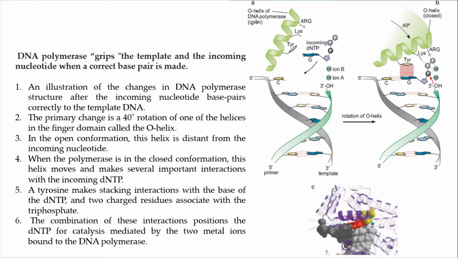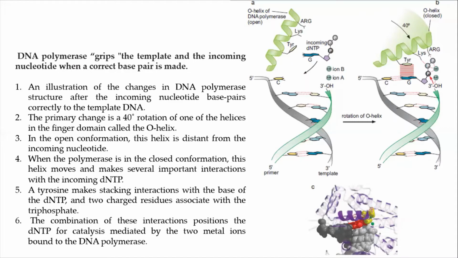Yes, ma'am. So there are 3 amino acids which stabilize the incoming DNTPs. Arginine and lysine are positively charged, so they stabilize the incoming DNTP. Even though there are two metal ions which are stabilizing on one side, these two also make significant stabilization on the other side.